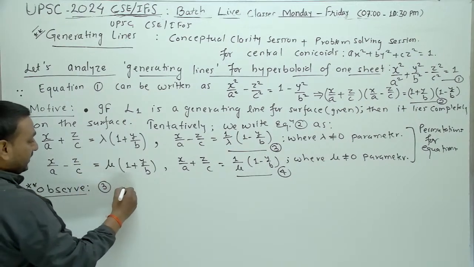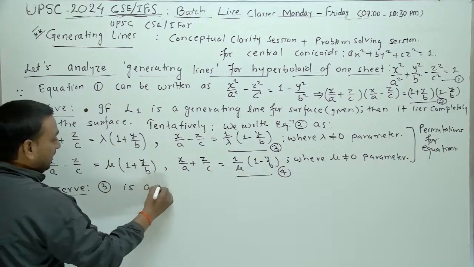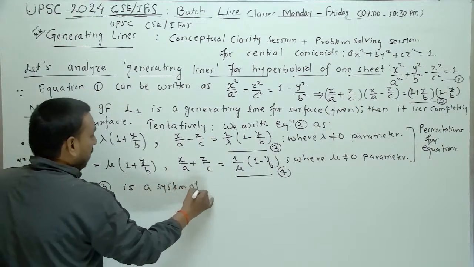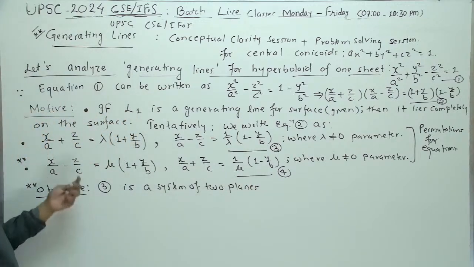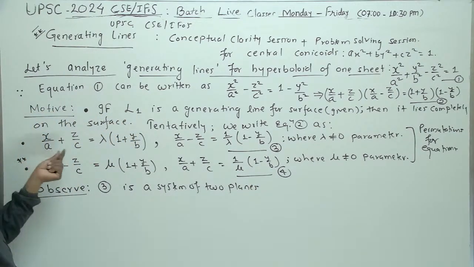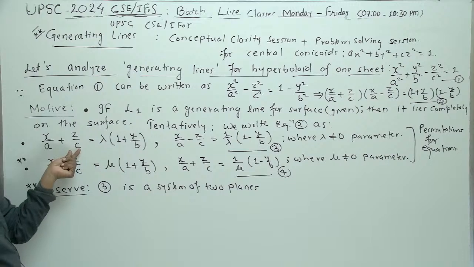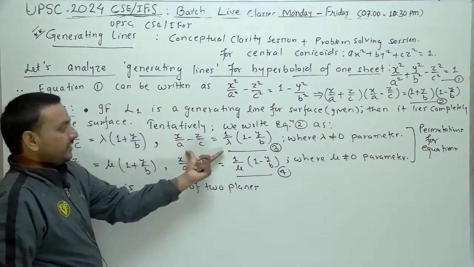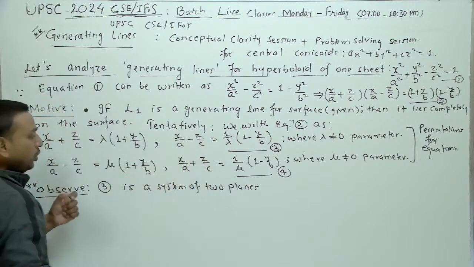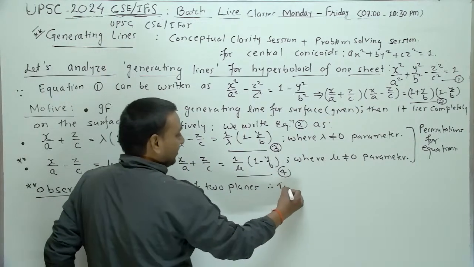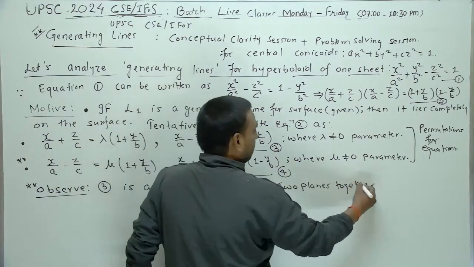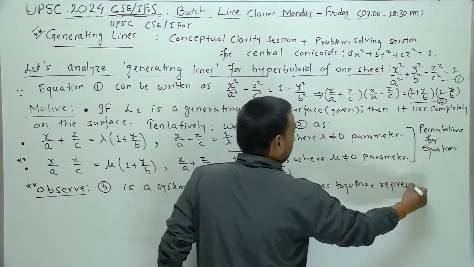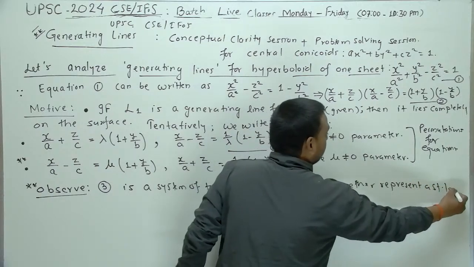3 is a system of 2 planes. Yes or no? This is a plane of type AX plus BY plus CZ. This is a plane equation. 2 planes together represent a straight line.